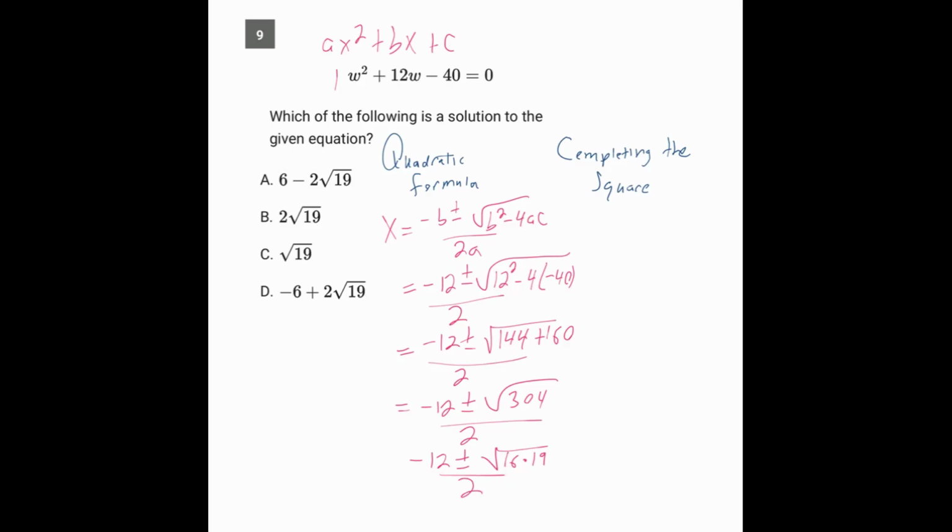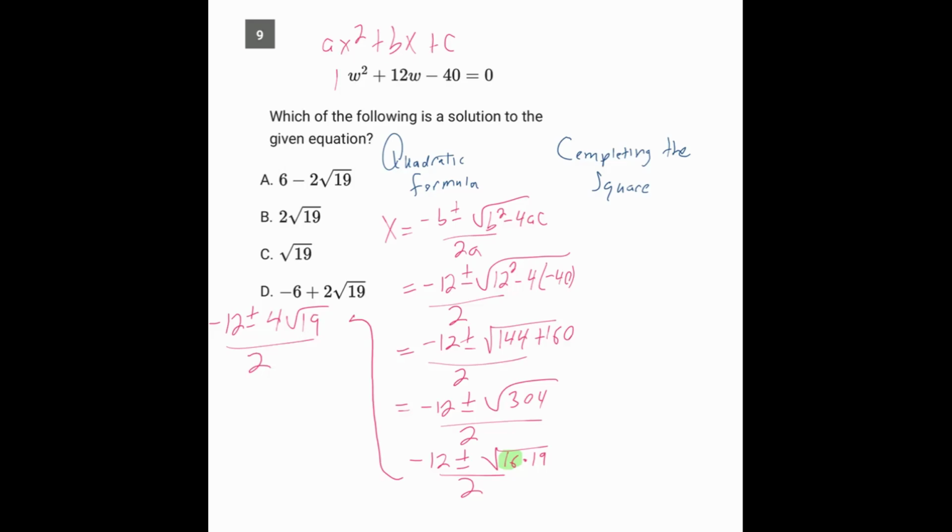And this 16 is a perfect square, so we can take the square root of that and leave the 19 underneath.